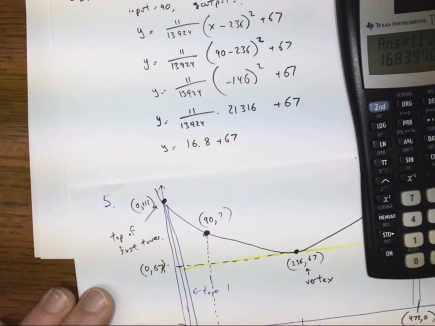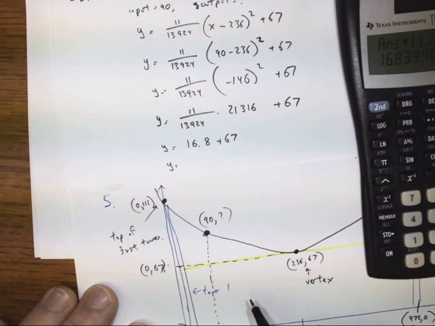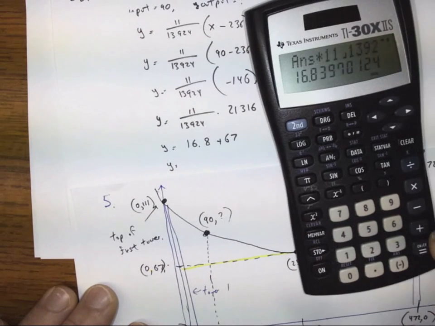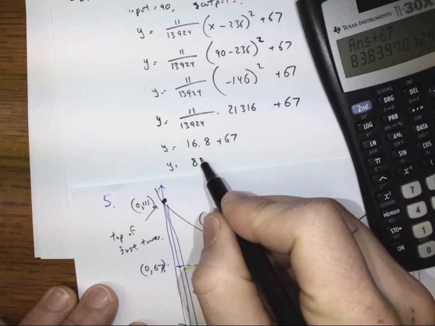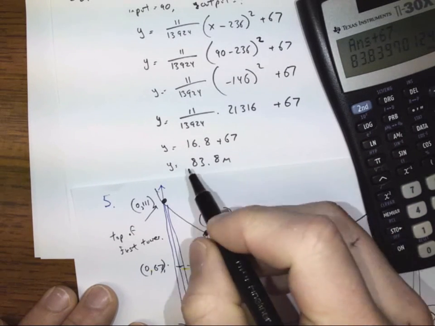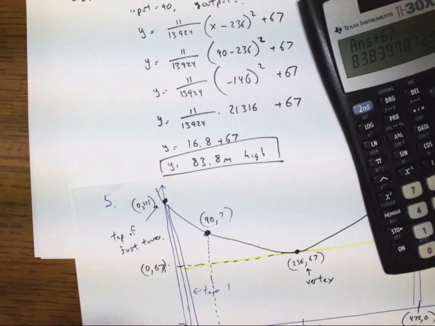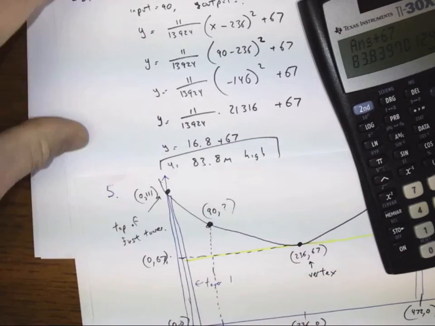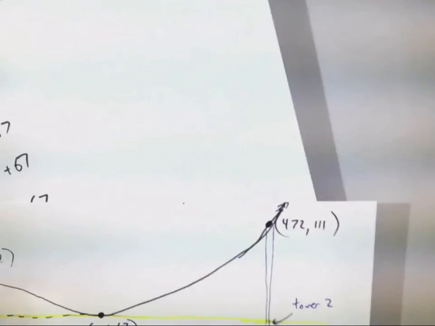So the height of the cable 90 meters in is this number plus 67 meters, which is 83.8 meters high. And that's how we do that question. This is what we learn about modeling ideas with formulas, so we can solve problems like this.